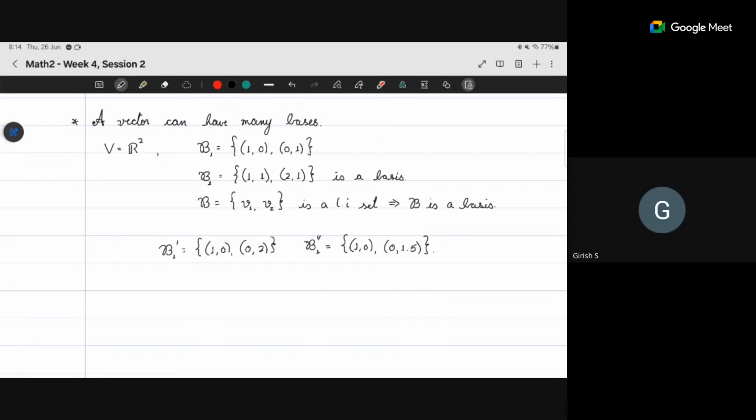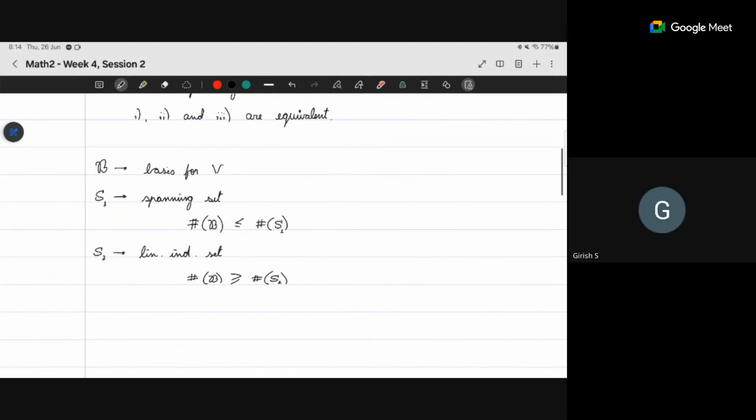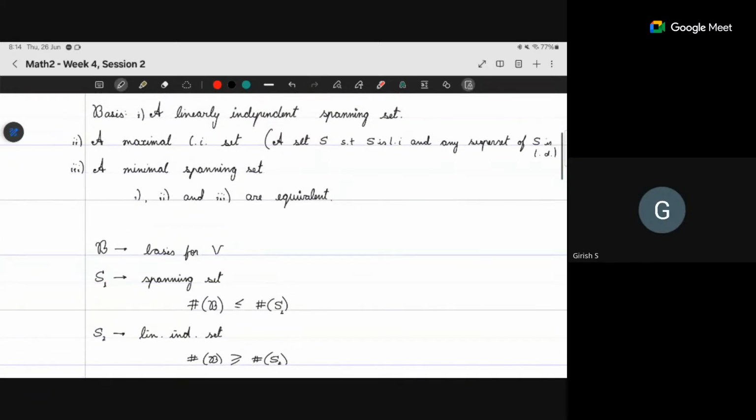So when I talk about comparing the size of the basis and the spanning set, if different bases could have different numbers of elements, then that would be a problem, right? Like say for R2, if there is a basis which contains 3 elements, then you cannot compare any spanning set with any basis.